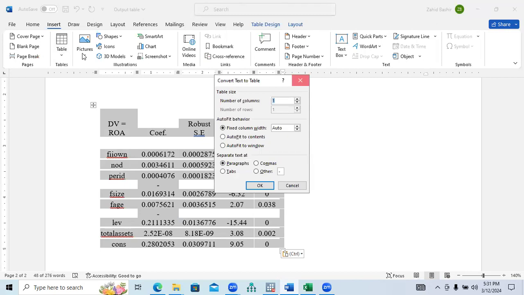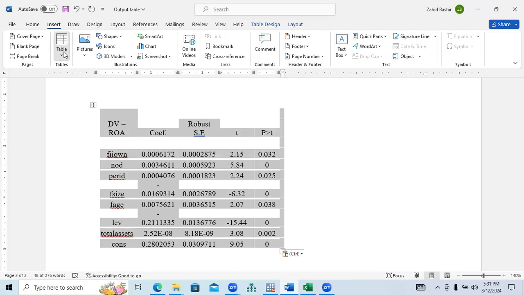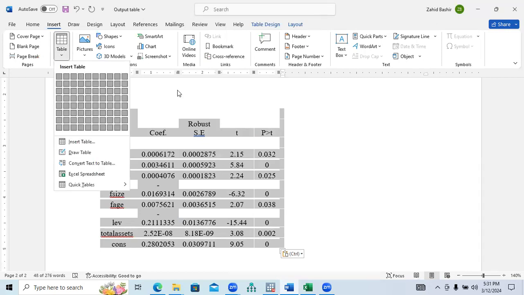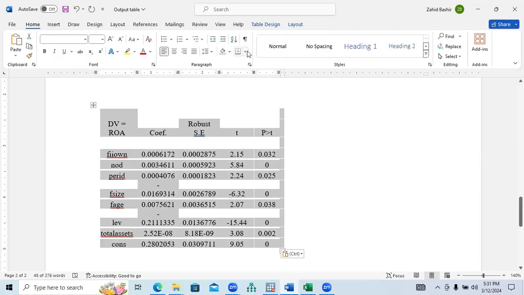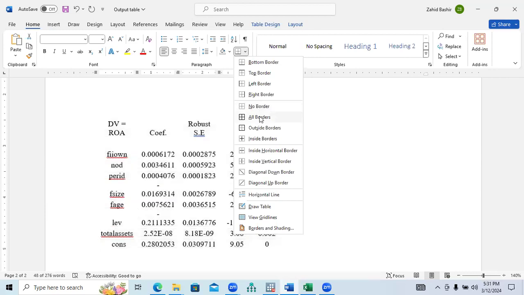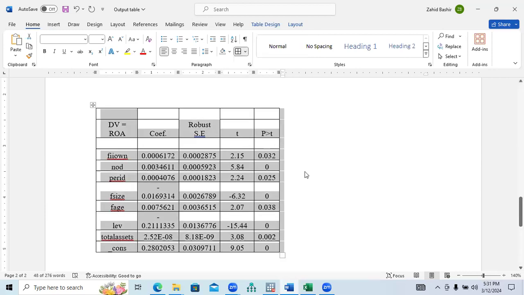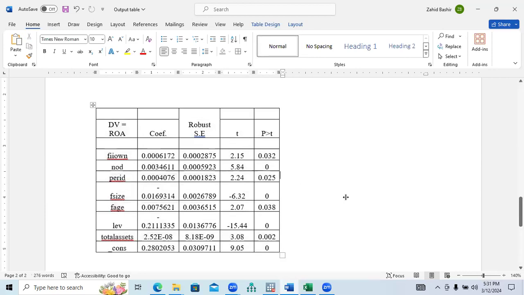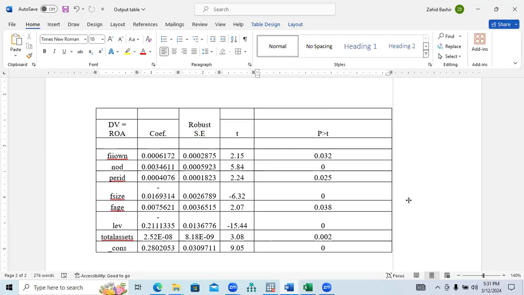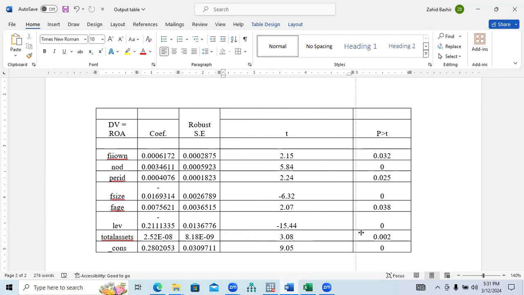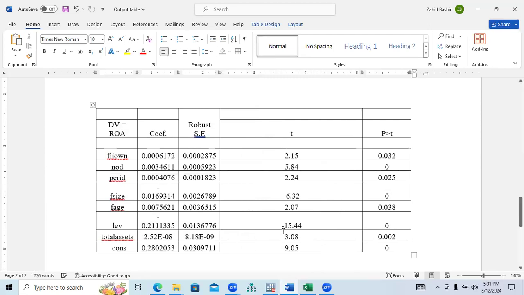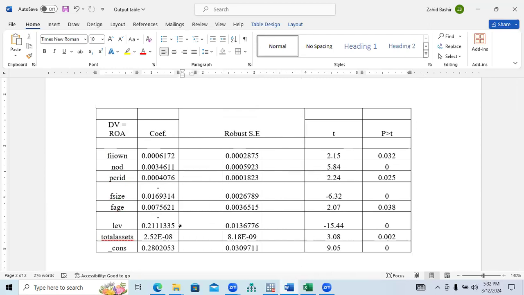No, you just need to make it look like a table using this command, all borders. It will indicate the column and rows of your table. You need to make the adjustment in this table. So I am adjusting.